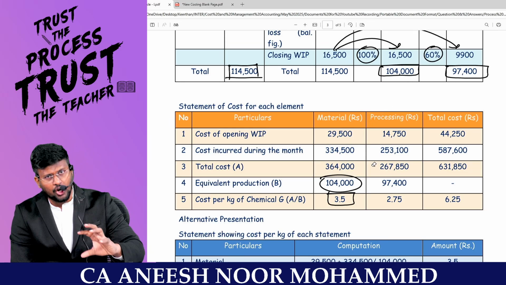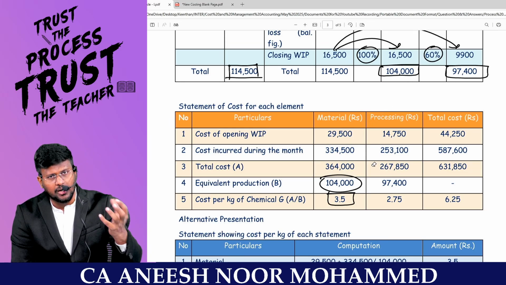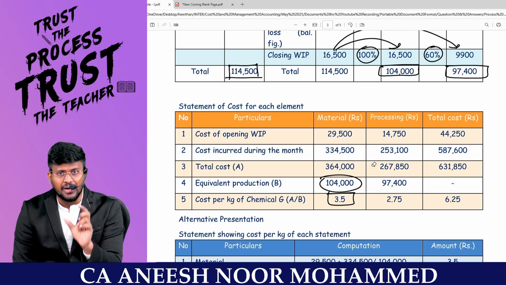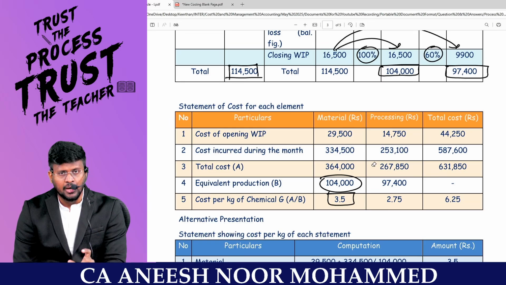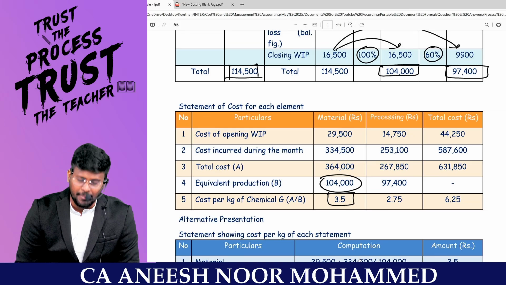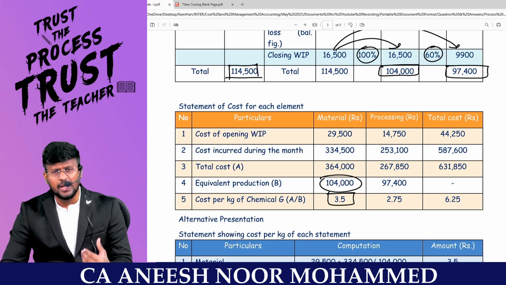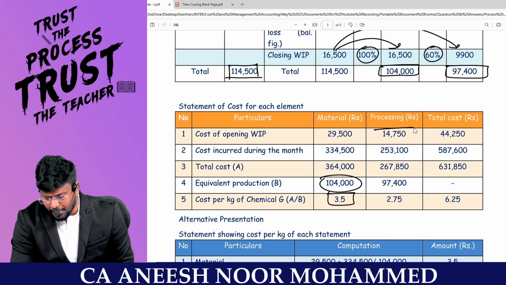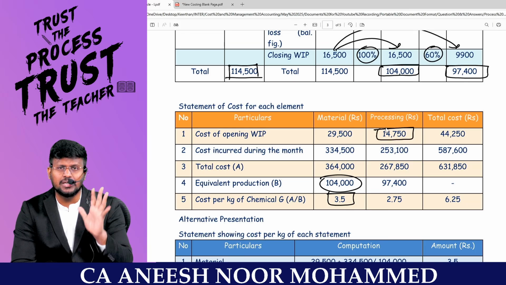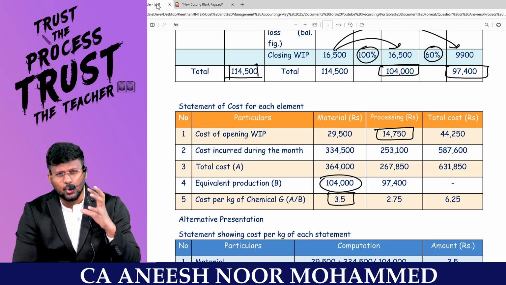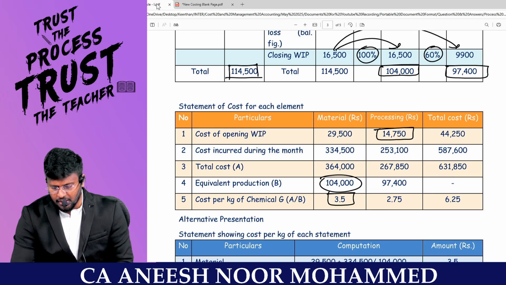So instead of taking the full cost divided by expected output, I am breaking the formula into material cost divided by equivalent units for the material. Coming to the processing cost, how much processing cost have you already incurred for opening WIP? 14,750, which is given in the question. And what is the total processing cost you have incurred during the period?